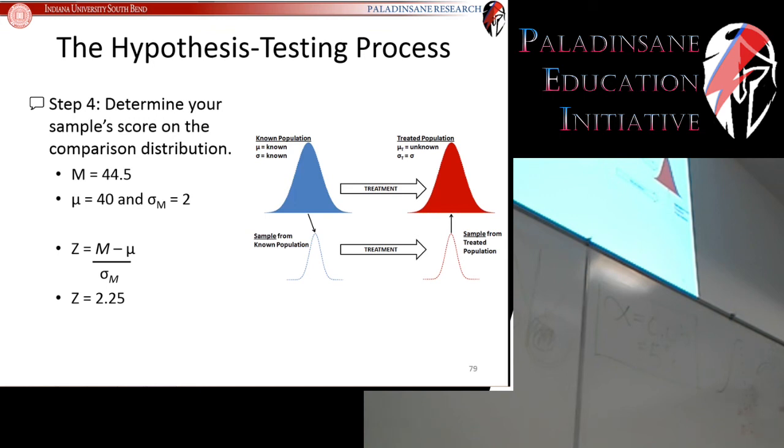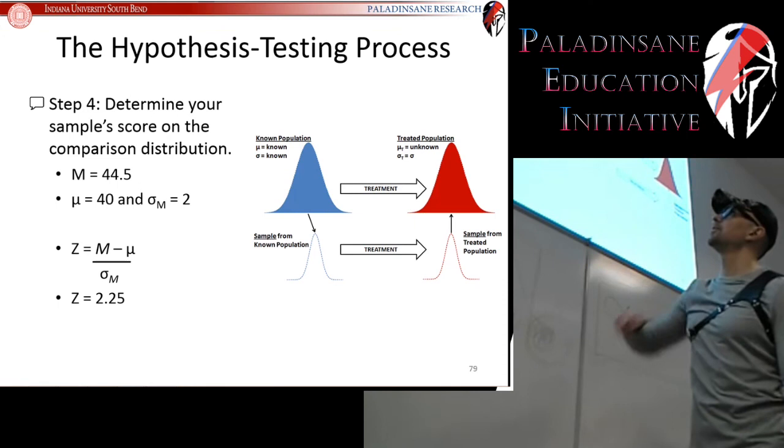This is where our sample mean actually ended up. So now we have crossed the line. Now we have gone past that line in the sand. Now our sample is a disobedient child that went over that center line and hit their sister, right? So we find out that we've crossed the line.